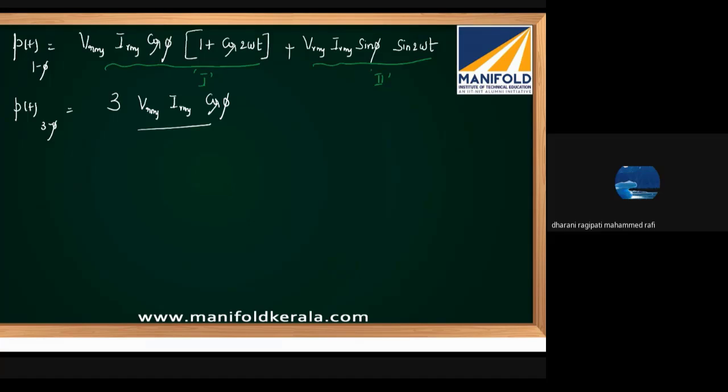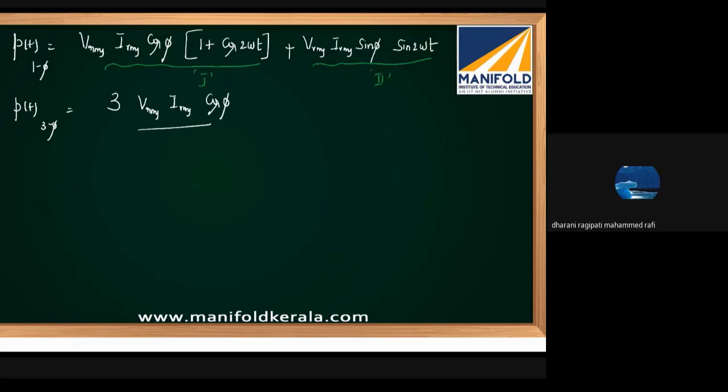Now, if you plot this against time, is it a function of time? No, it is not a function of time. It is purely a constant value, because your VRMS value is fixed, IRMS value is fixed, and once the load is fixed, the cos phi is also fixed.